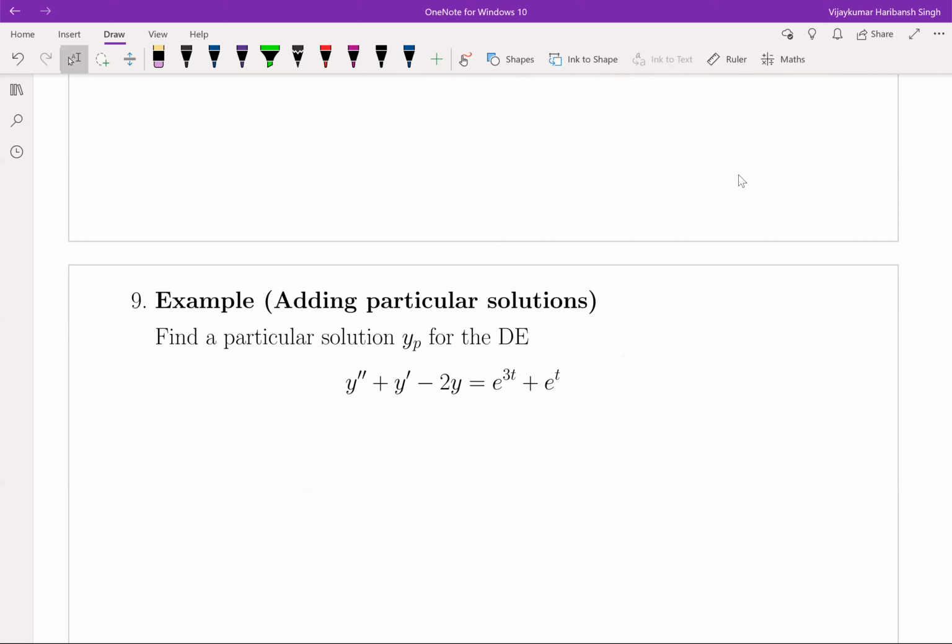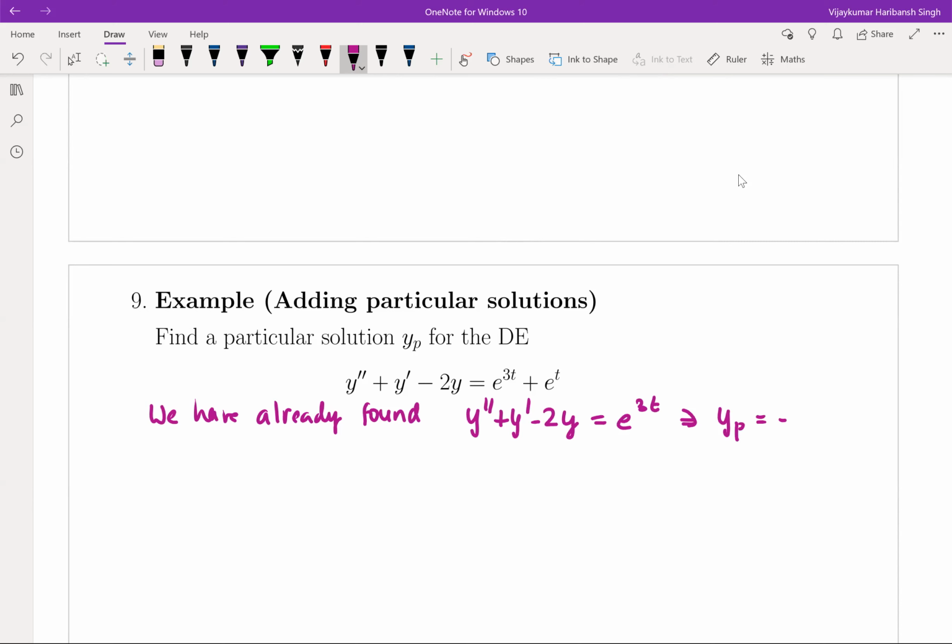So to get the particular solution, we have already found that y double prime plus y prime minus 2y equals e to the power 3t implies yp is e to the power 3t divided by 10.